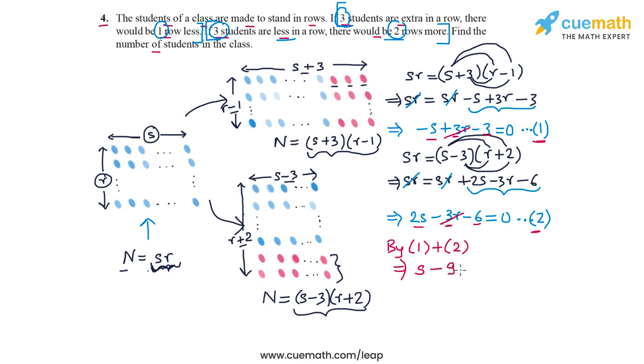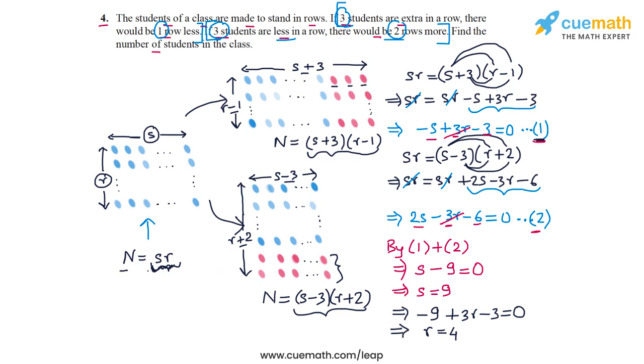So S minus 9 is equal to 0, which means that S is equal to 9. Now substituting this value of S into the first equation, I get minus 9 plus 3R minus 3 is equal to 0, or 3R is equal to 12, or R is equal to 4.